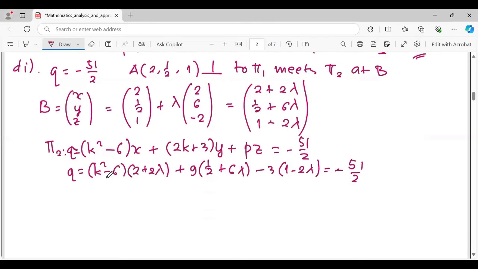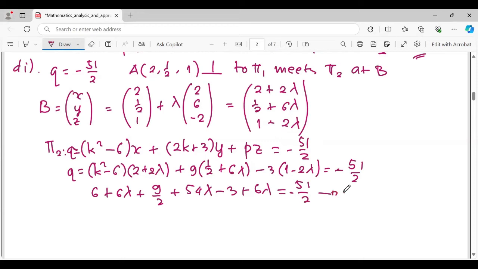And it becomes 6 plus 6 lambda, 9 half plus 54 lambda minus 3 plus 6 lambda equals 51 over 2, minus 51 over 2.